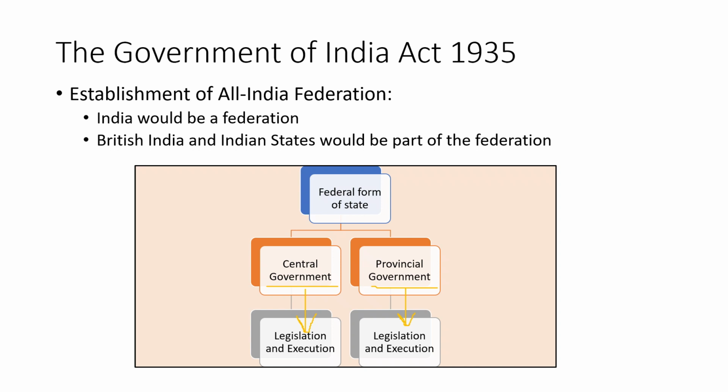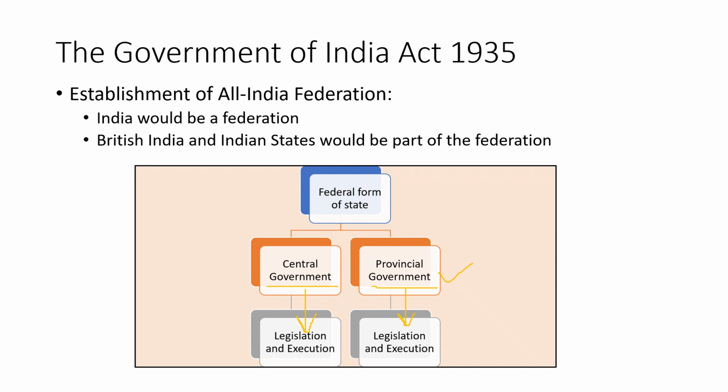I mean, if there is a provincial government, the provincial government would be given the subject of health and education, and it is the provincial government that would take care of the health department and the education department of the respective province. For example, in Sindh the government would take care of the health department and education department of the Sindh province.